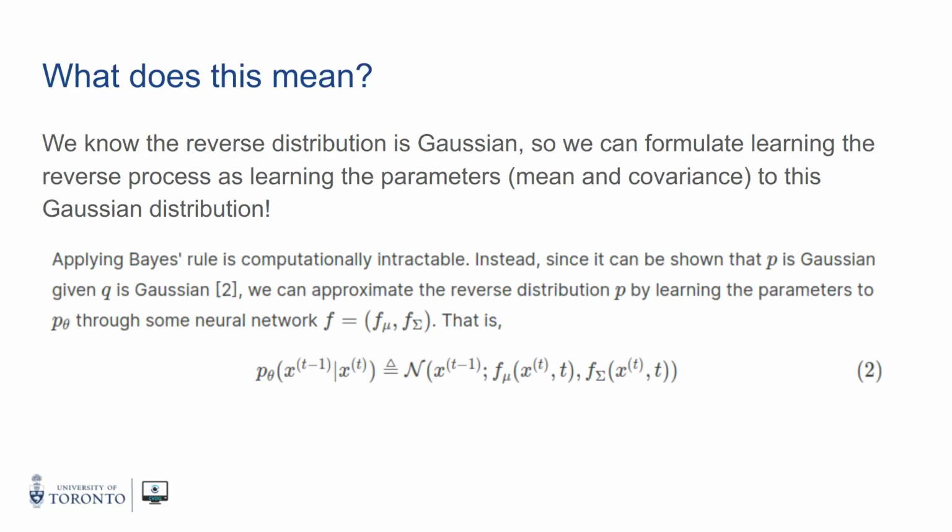Make sense? Knowing that it's normal is quite nice because it shrinks down our search space. And as you'll see later on, it actually leads to a convex loss function, which, for those of you very familiar with machine learning, is the holy grail. Yeah? Okay. Any questions?